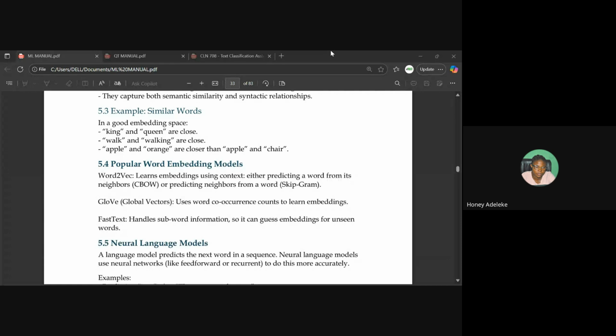It helps us to differentiate them. That's why I'm saying that the global vector might not be able to, because that model focuses on word co-occurrence, but the FastText might be able to handle those kinds of technicalities: do you mean the same thing? Are they talking about the same thing?